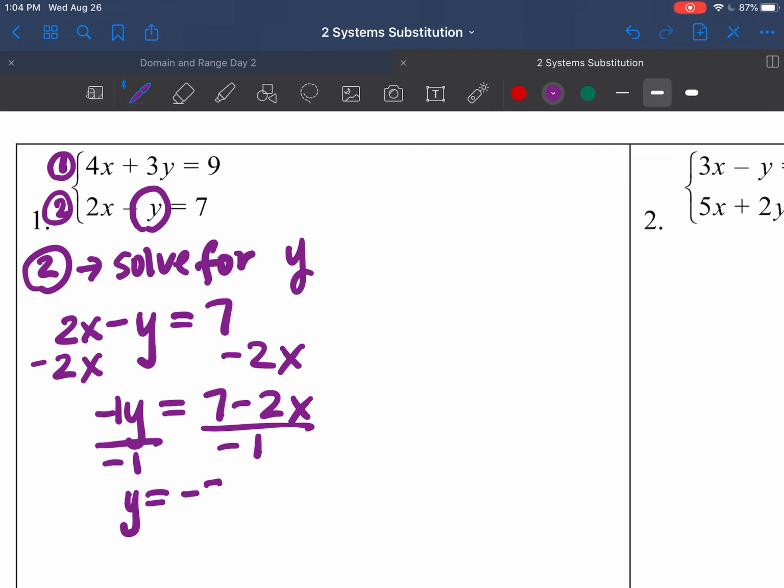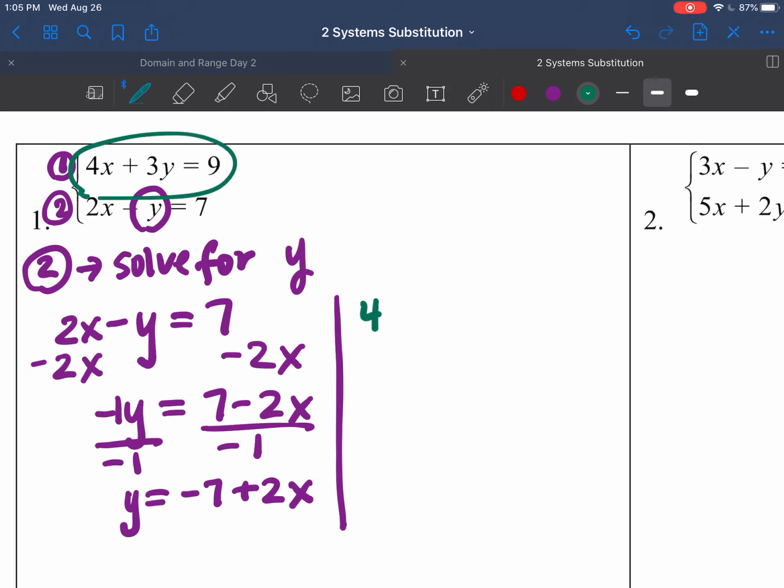And so y equals -7 plus 2x. Okay, and so that's what I like to write in the first column, the variable already solved for. Then we can take our other equation up here, and we're going to write that equation over here.